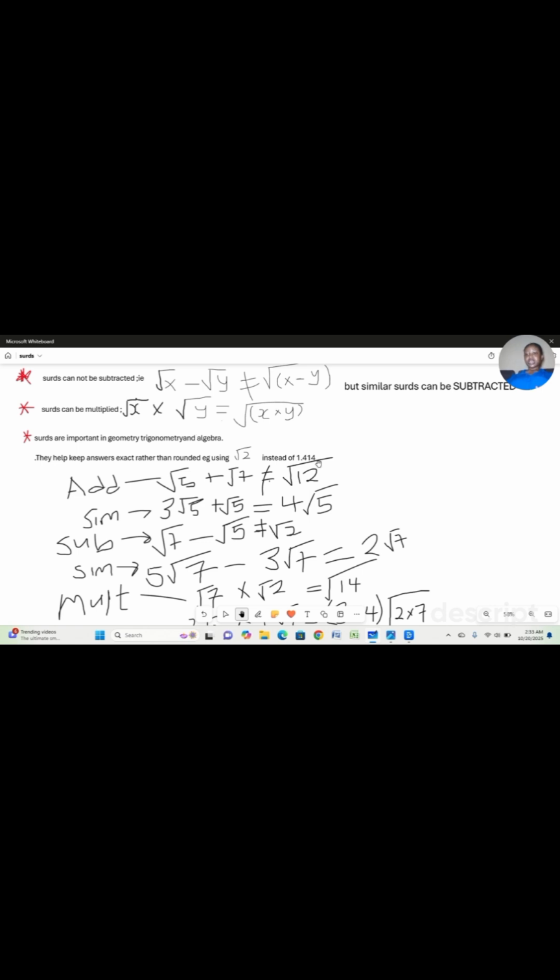Instead of writing 1.414, you just put root 2, which is the same value. It is very helpful.